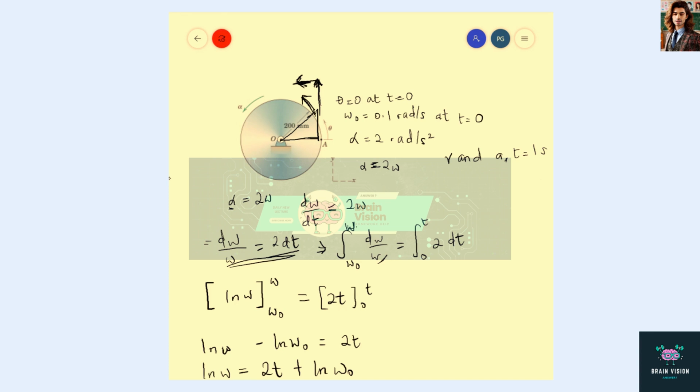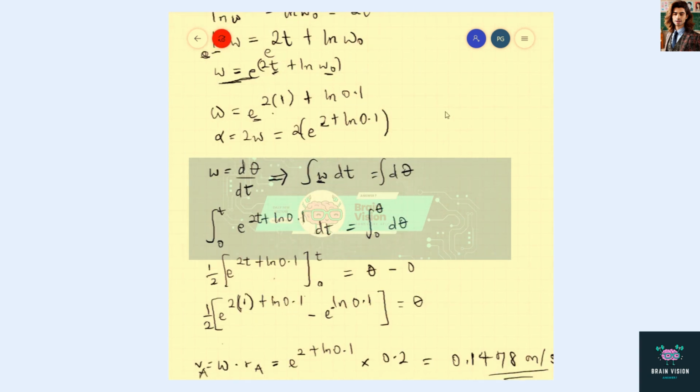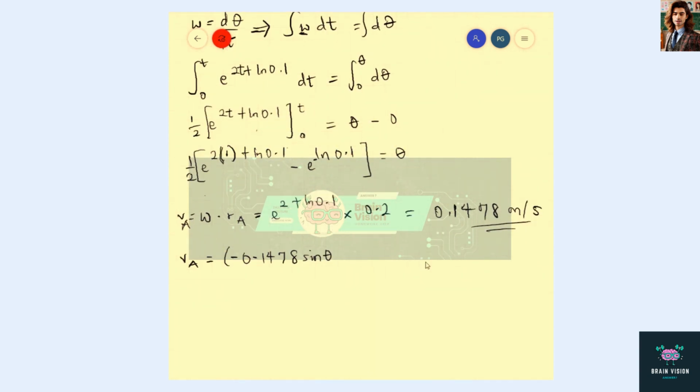this will be 0.2 cos theta and 0.2 sine theta. So for our i, we're using 0.2 sine theta, and for our j, we're using 0.2 cos theta, times 0.1478. So, minus 0.1478 sine theta i plus 0.1478 cos theta j.